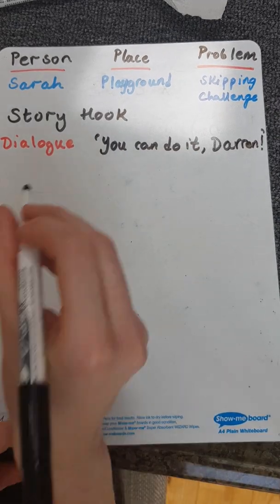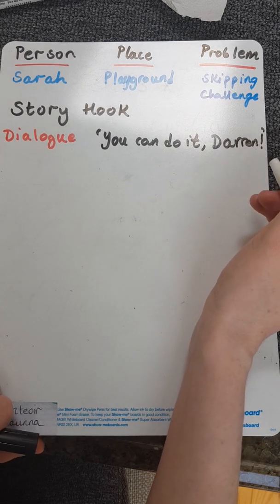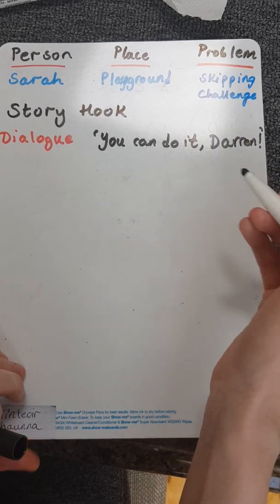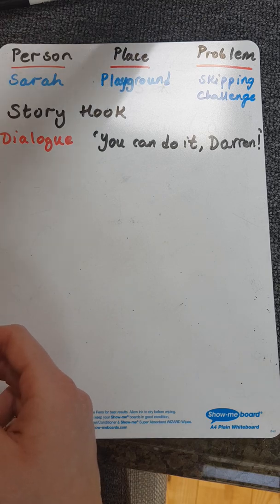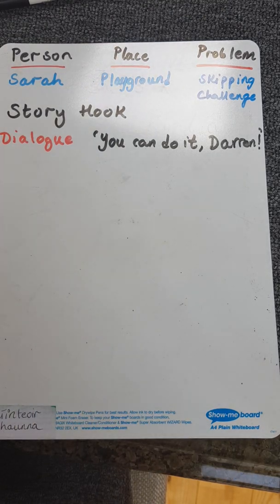Okay, you can do it, Darren. Now, exclamation mark, because I'm saying it like, come on, you can do it, Darren. Keep going, okay? Sarah here is egging Darren on, all right? She's saying, come on, you can do it.